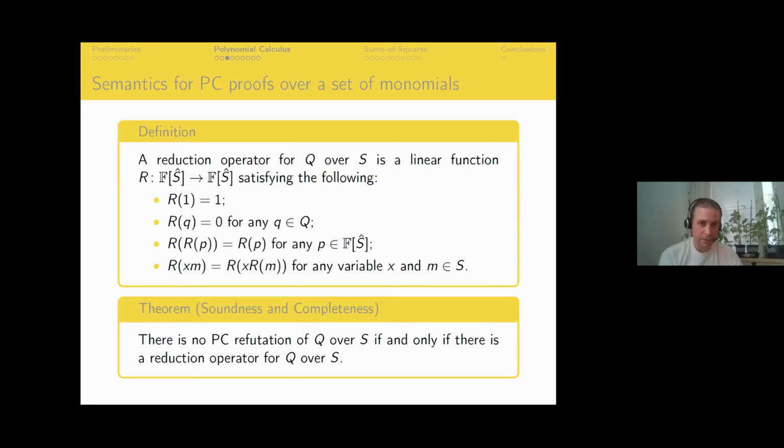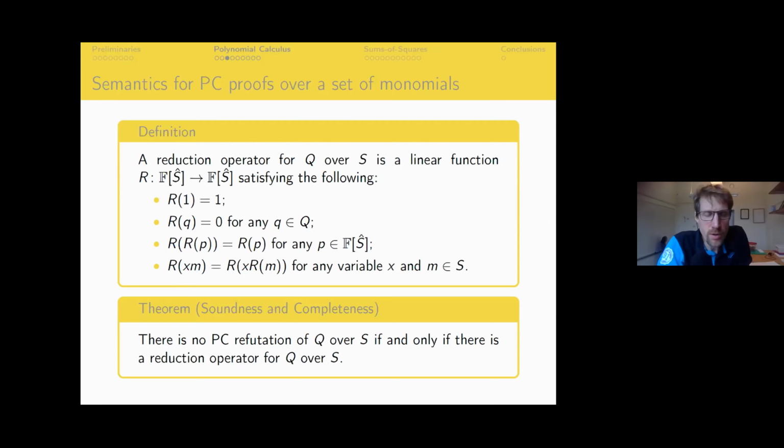Yes, but if they are unsatisfiable but there's no refutation, then you have to work not modulo the ideal, but modulo this subspace of anything provable over S from those axioms.